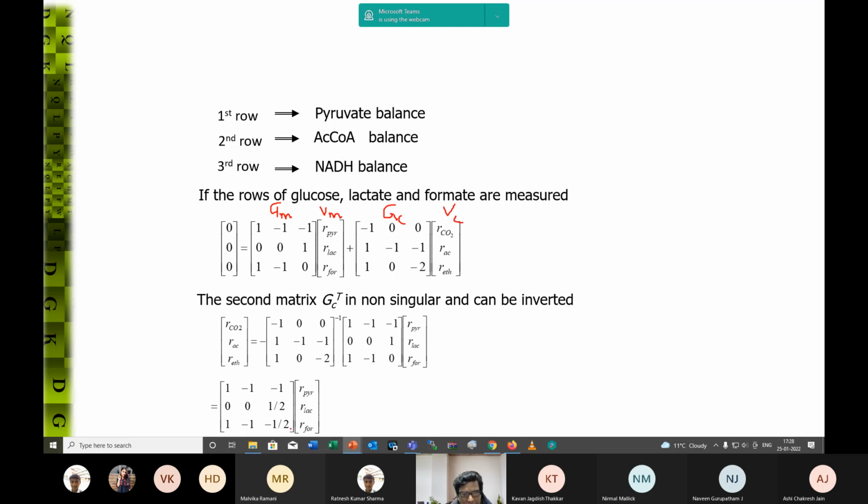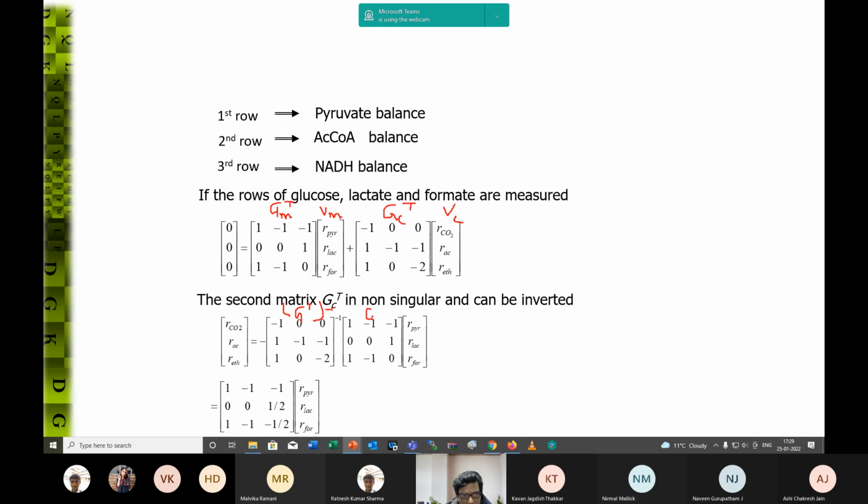So you can see that this GC, when you take it to the right hand side, is GC transpose inverse. I think the normal notation is to write this as transpose, but let me write it as transpose only. So this is GC transpose, and this is the GC transpose inverse, and that is the inverse of that.